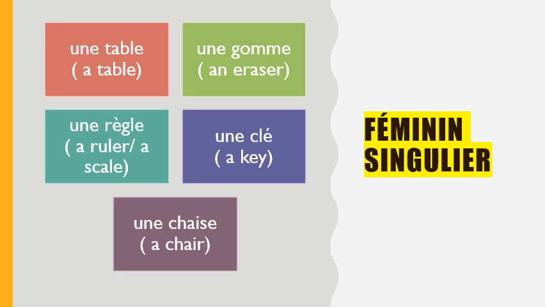The next one is une règle. That means a ruler or a scale. The fourth one is une clé. That means a key. And the last one we've taken over here is une chaise. That means a chair in English.